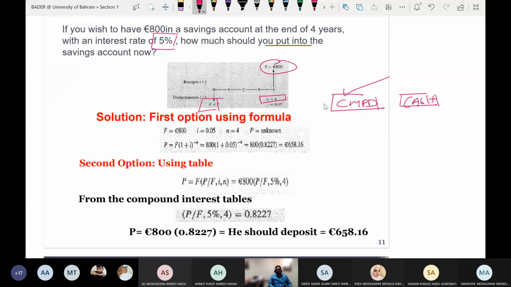Cash. So this is the cash editor. I have an option of using straight conversion or using a tabulated format.